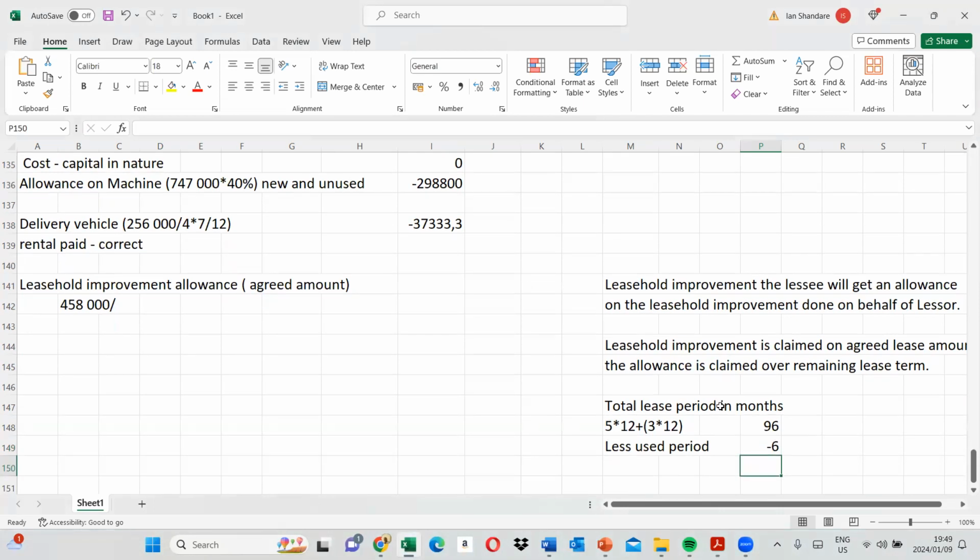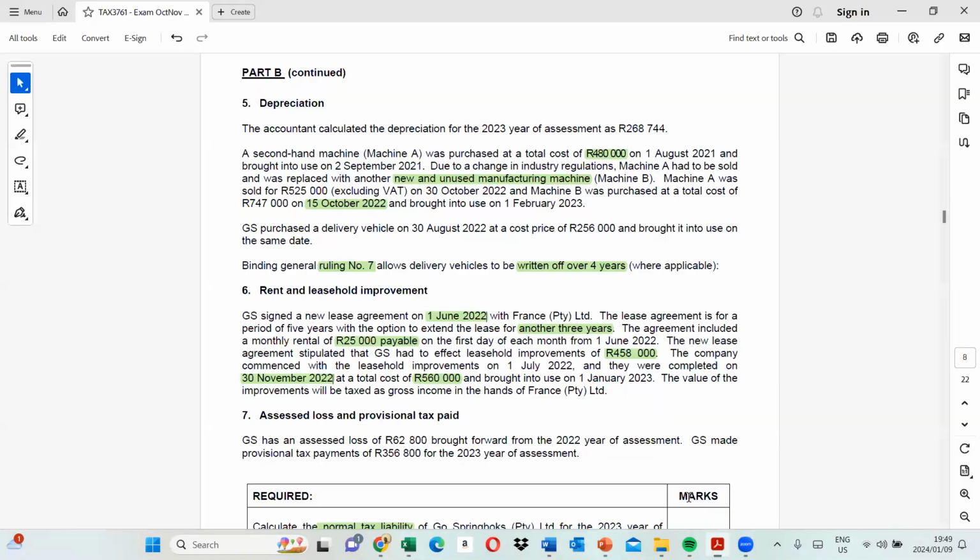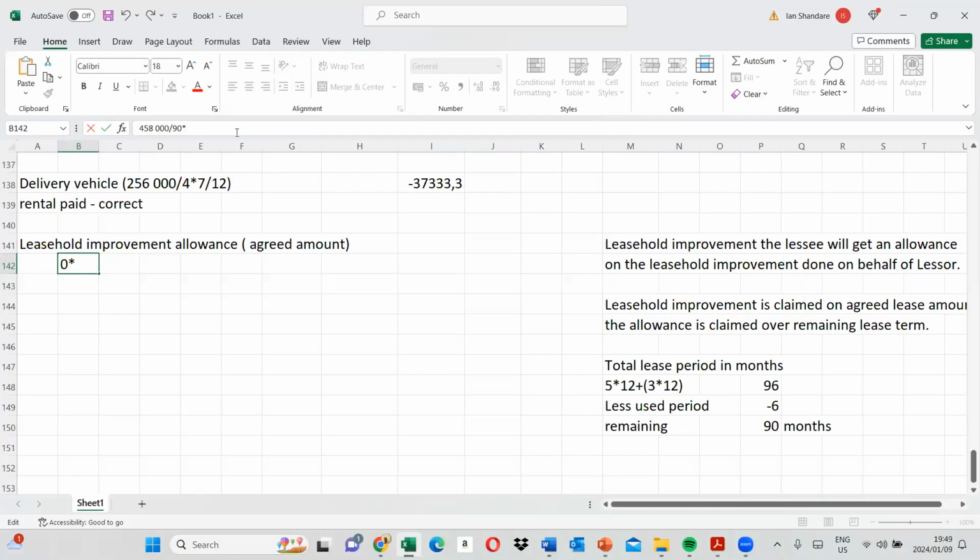All right. So which means the remaining period is going to be 90 months. All right. So in this case, the allowance now is going to be claimed over 90 months. So this is going to be claimed from when was it completed? November. So you have December, January, February, March, which would take us to 4 months. So multiply by 4. So the leasehold improvement allowance, that's how we go about it.